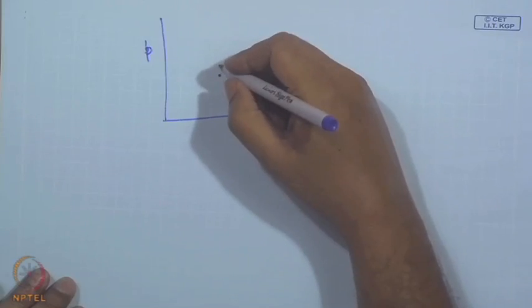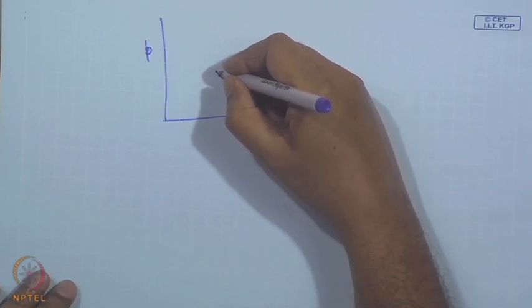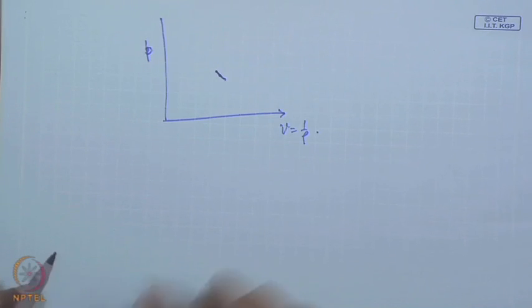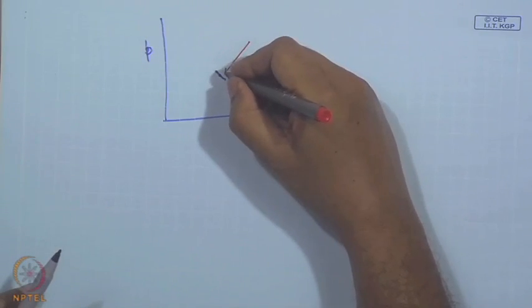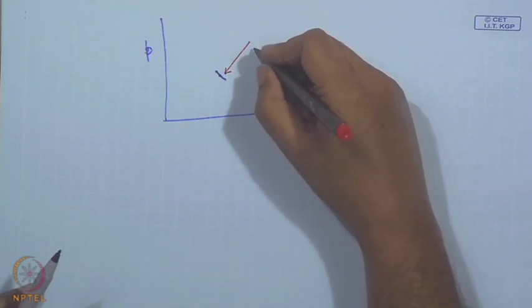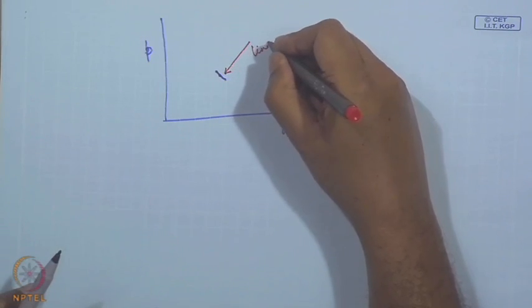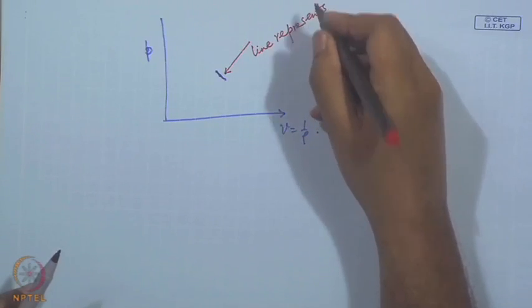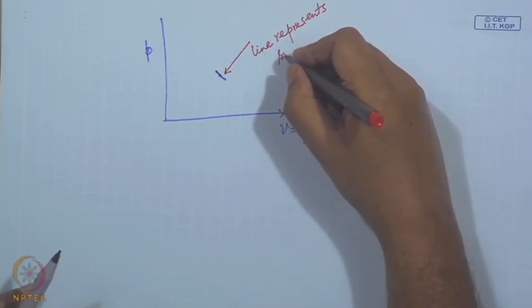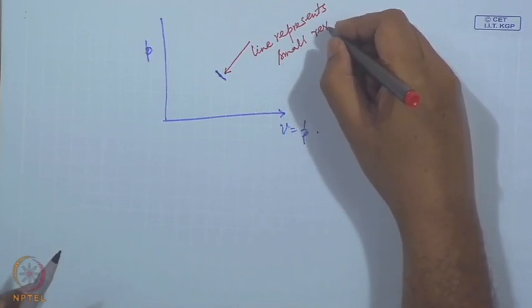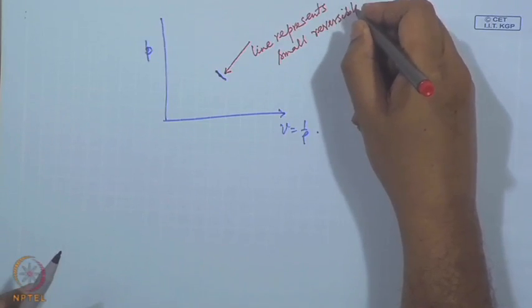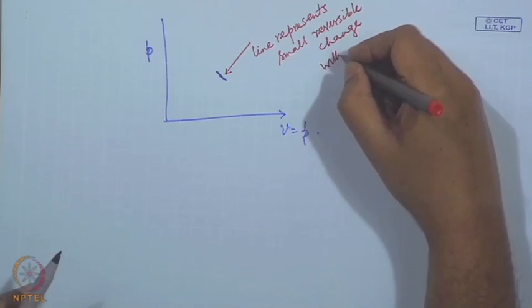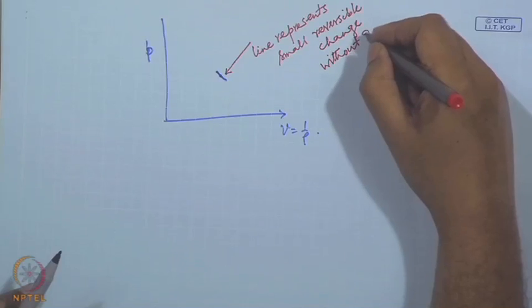So, let us think about a line as an example. This line represents a small reversible change without gain or loss in heat.